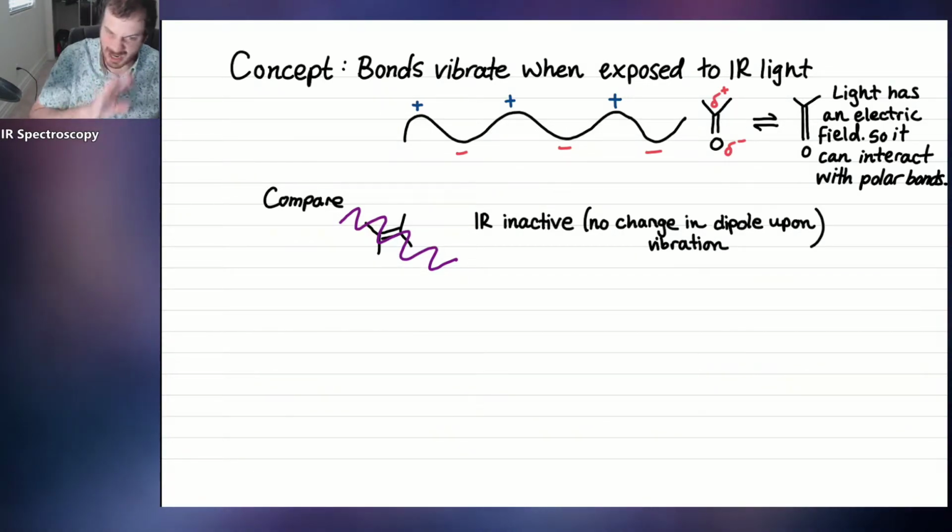In other words, the IR light is just going to pass right through it. There's no dipole, there's no charge separation. So this molecule, for all intents and purposes, will be invisible to IR spectroscopy. You won't be able to see it.